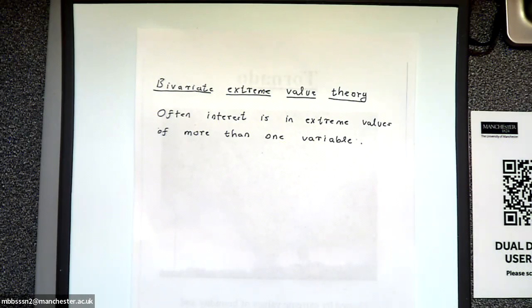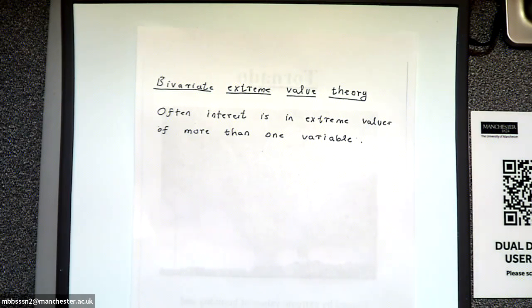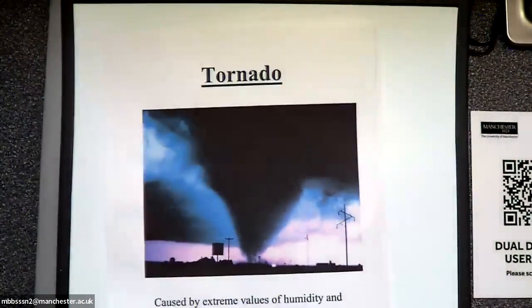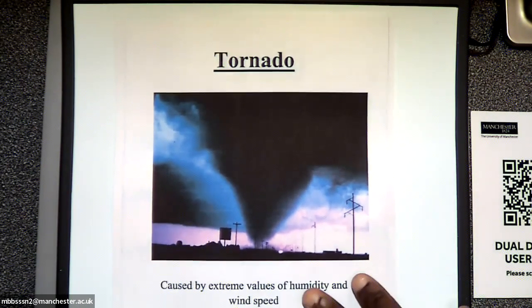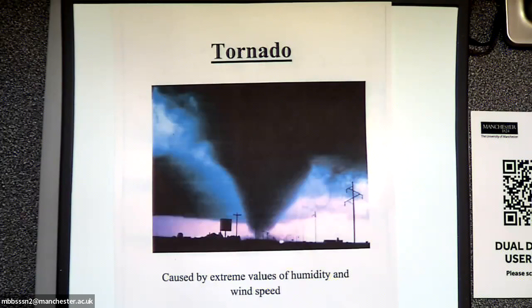Now, bivariate extremes arise in many different areas in real life, but I'll show you some examples. If you look at tornadoes, which occur mostly in North America, these are caused by extreme values of humidity and wind speed, right?